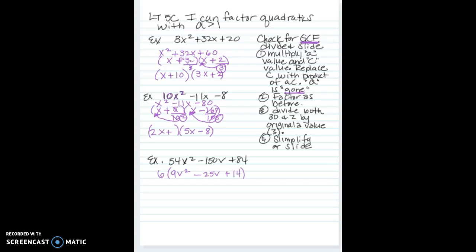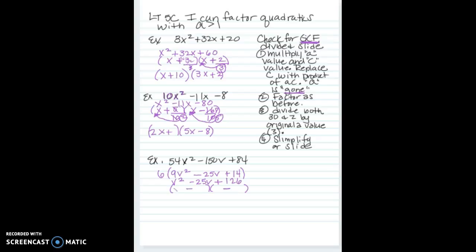Now I'm going to divide and slide like normal. So I multiply the 9 and the 14, which gives me 126. So my new trinomial is v squared minus 25v plus 126. I know I need two sets of parentheses, and I know that since I have a minus and a positive, I will need a minus and a minus.